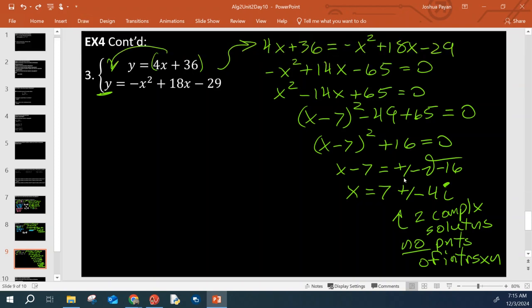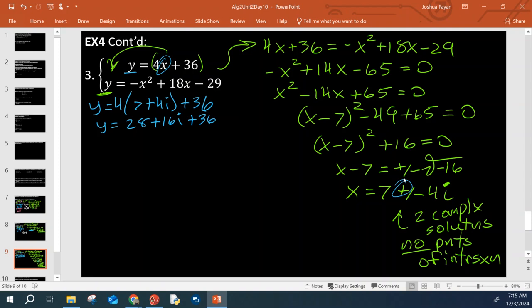So I'm going to say 7 plus 4i first is going to get plugged in here to find my corresponding y value. So 4 times my x, so 7 plus 4i, and then plus the 36. I'm just going to distribute this 4, so that becomes 28 plus 16i plus 36.